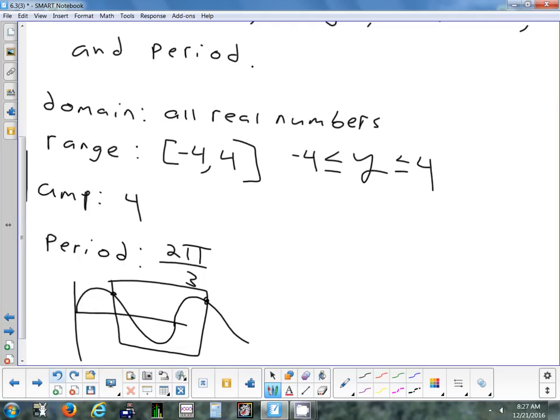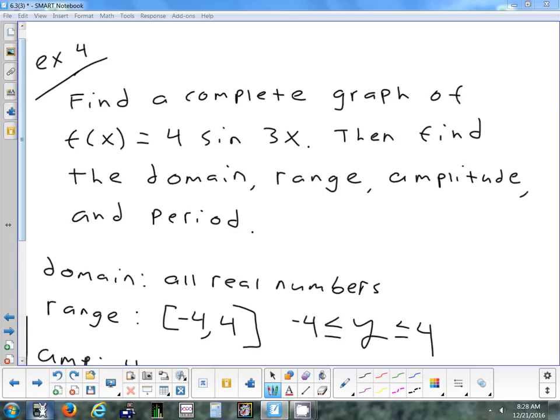So that is one period of sine. But you kind of started and stopped it at some weird points. Why not just do it like that? Start it right on the x-axis, stop it right on the x-axis. Nice and neat.